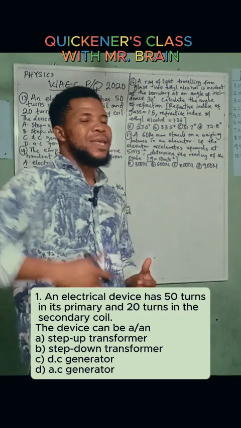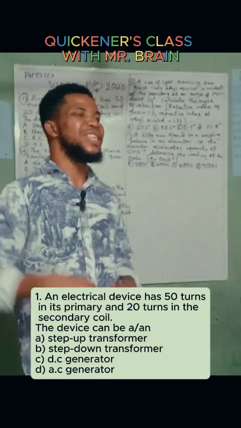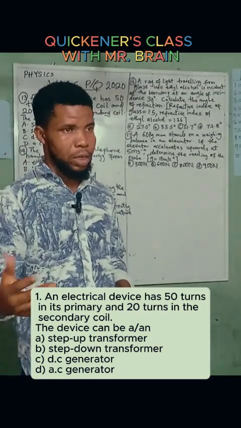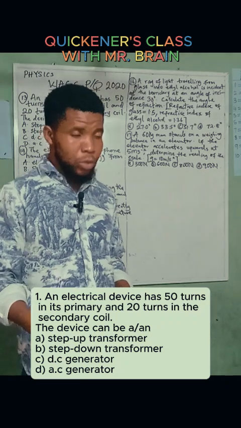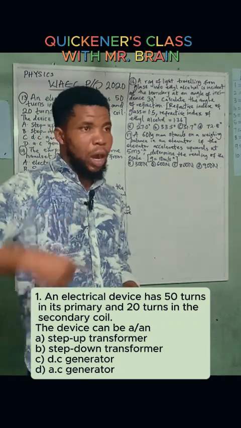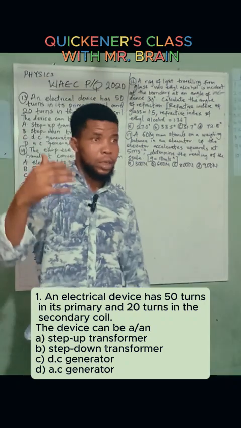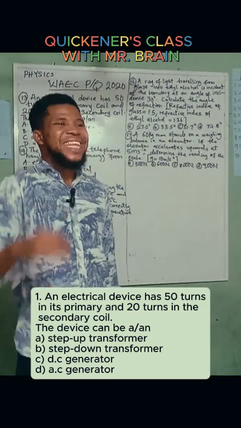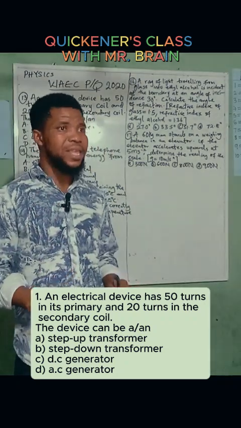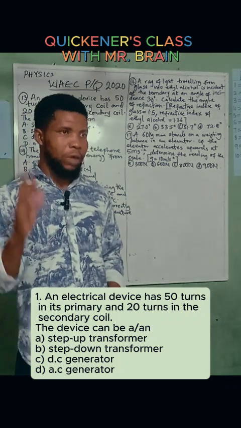It must have more turns in the secondary coil. So if the turns of the wire in the secondary coil are more, then it is automatically a step-up transformer.